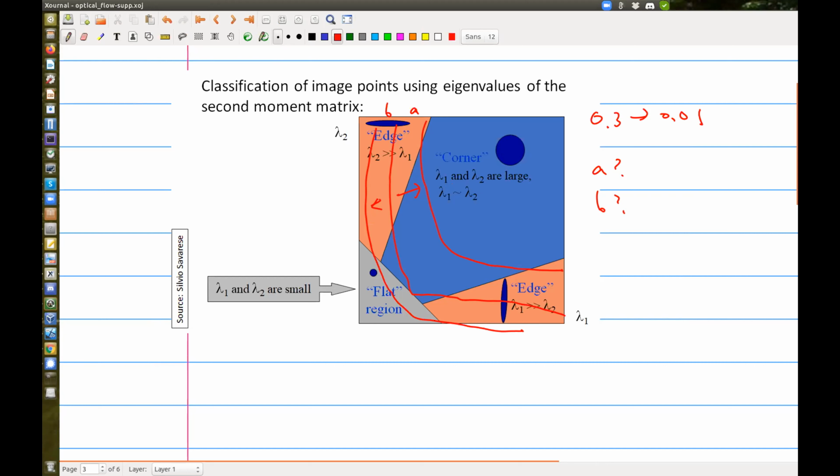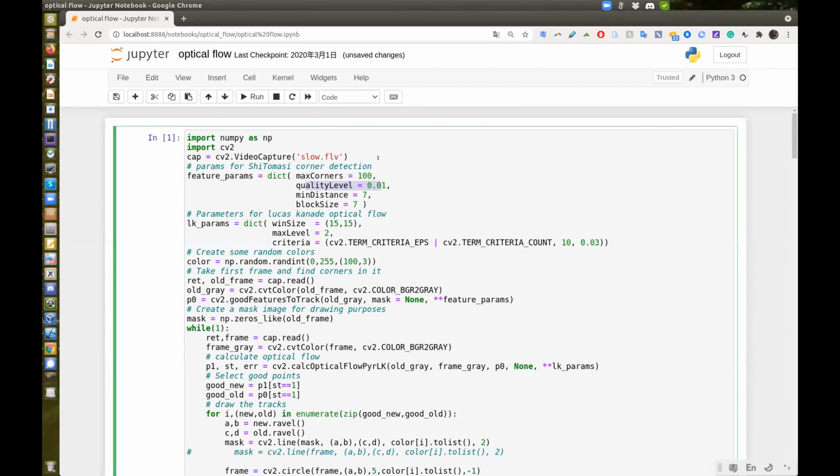I have this quality level parameter in the goodFeaturesToTrack command here.